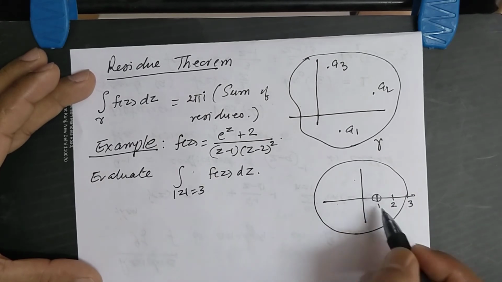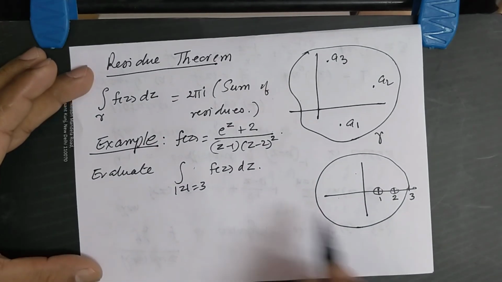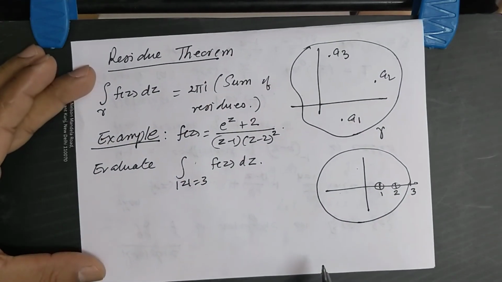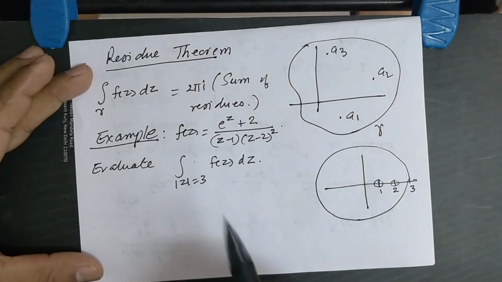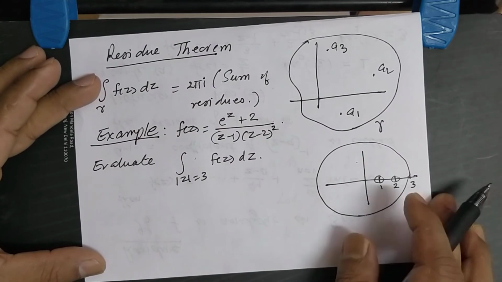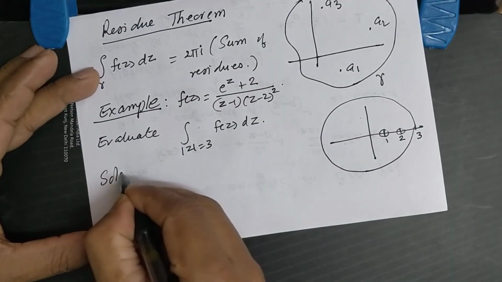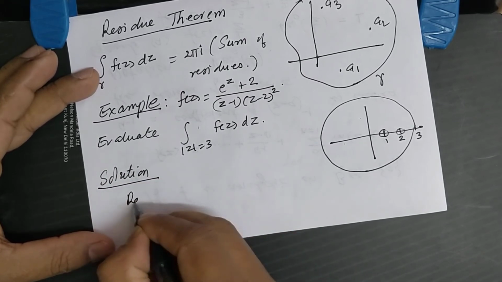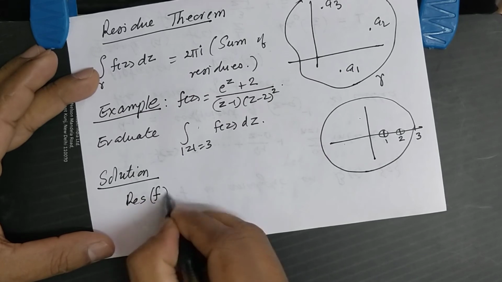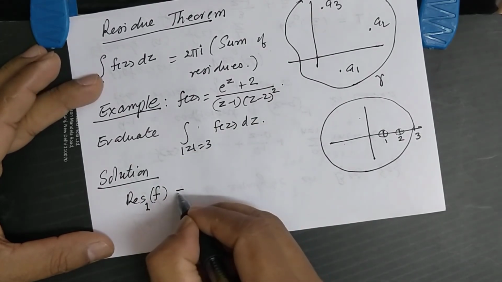z equal to 1 is a pole of order 1, z equal to 2 is a pole of order 2. As per this theorem, I should find the residues at 1 and 2 and then apply this formula to work out the integral. Now, what will be the residue of f at 1?